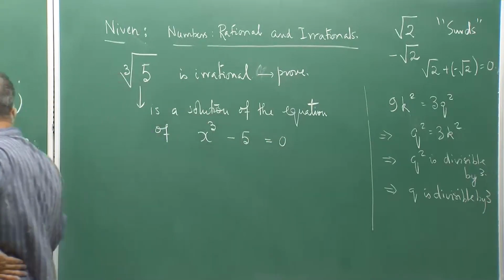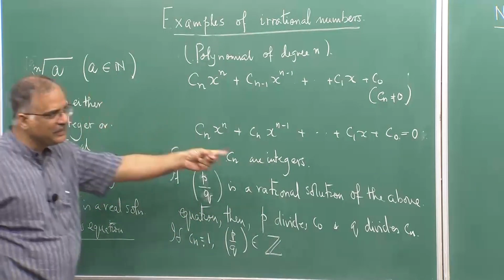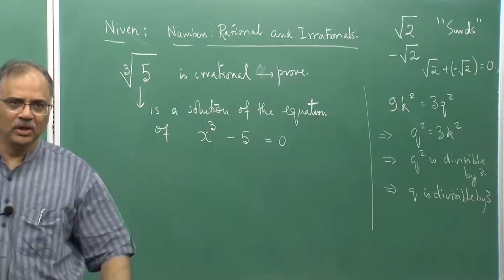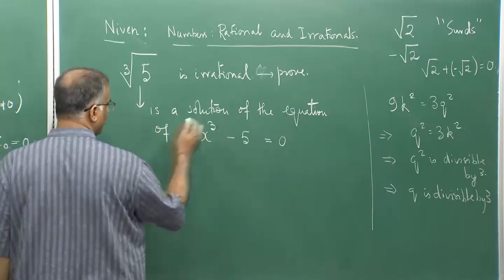So, in this case C0 is 5 and Cn is 1, meaning C3 is 1, and the rest of the coefficients are 0.